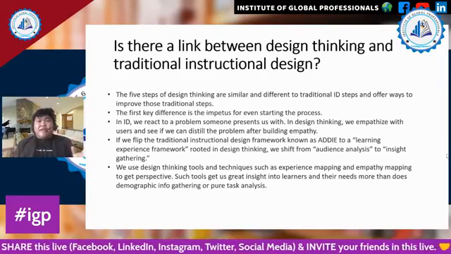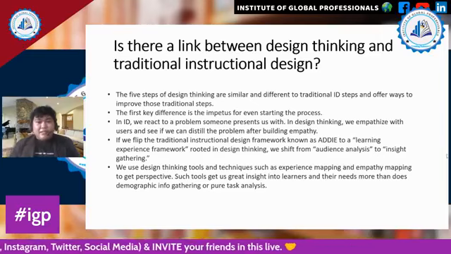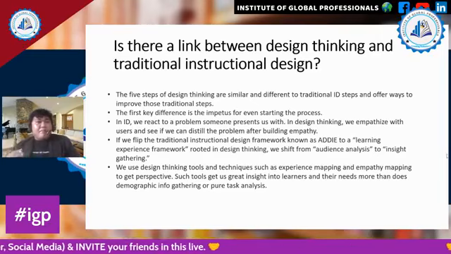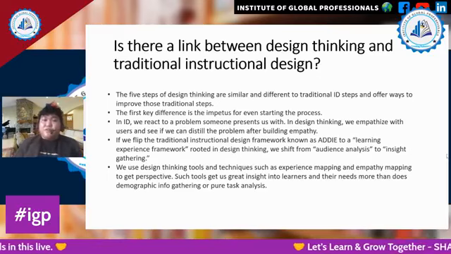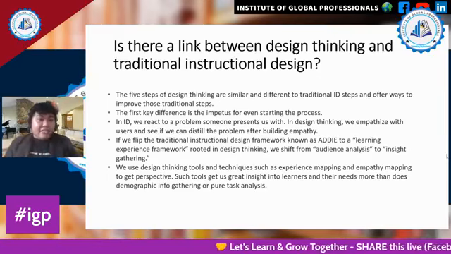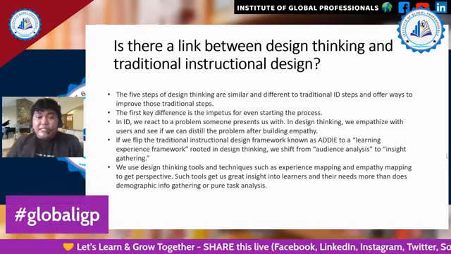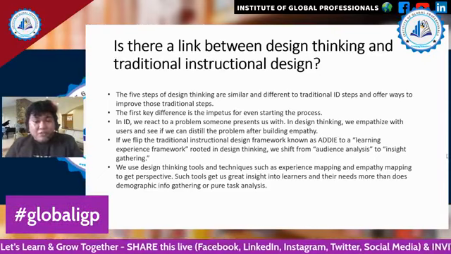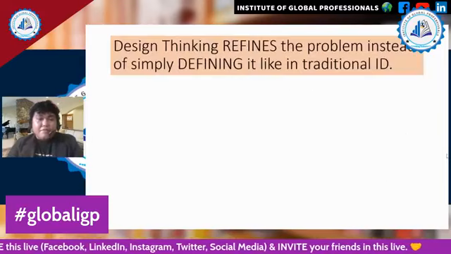On the other hand, when we are using the design thinking process, we are actually participating like the participant so that we will understand further whether we are looking at the right angle of the problem. Now, we use design thinking tools and techniques such as experience mapping and empathy mapping to get the perspectives.